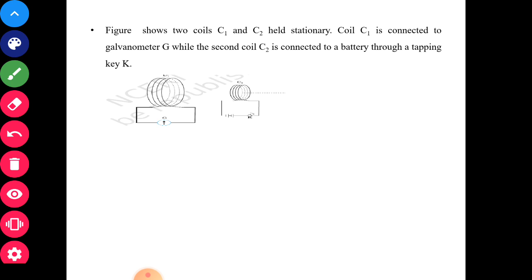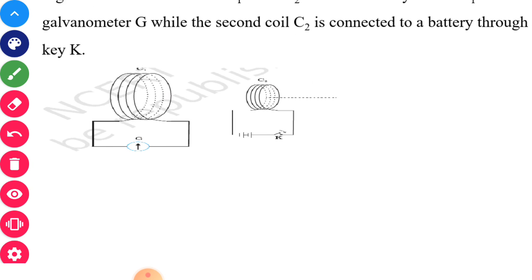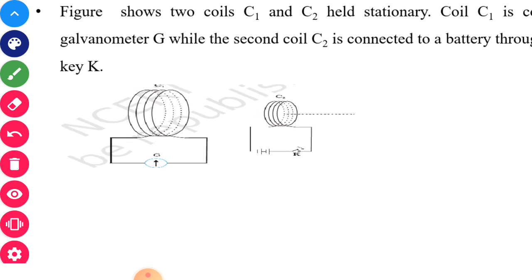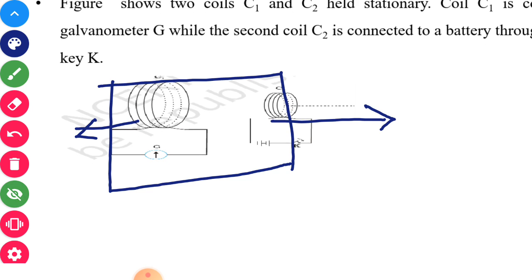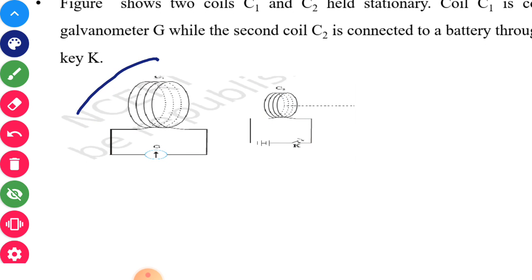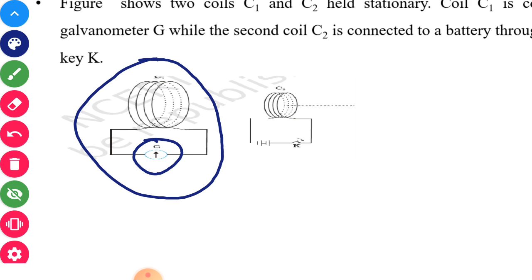Now see this particular experiment. What is done here? This coil C1 is connected with a galvanometer, which shows the presence of electric current, and this second coil is connected with a battery and a key.